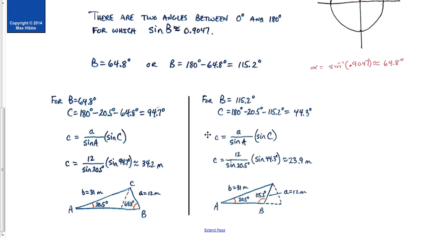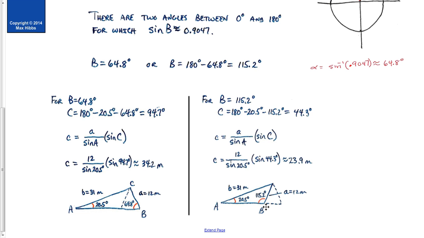Now, I would use the same calculation to determine side C. I know side A, angle A. Now I know angle C. And so I put those values in so I can calculate side C. And this time I get side C is 23.9 meters.